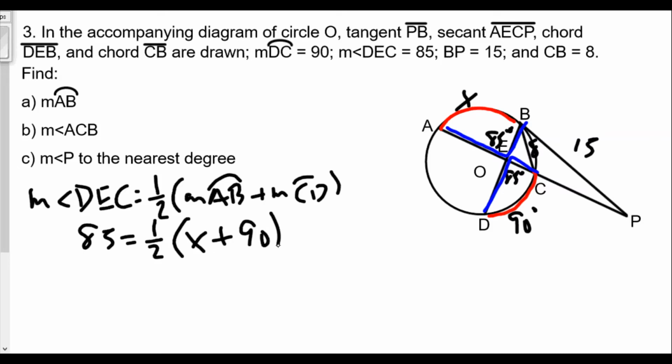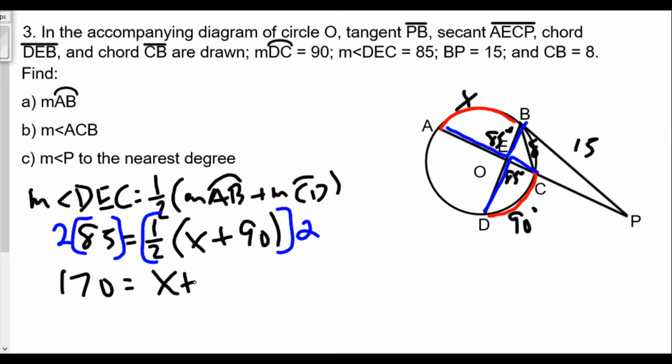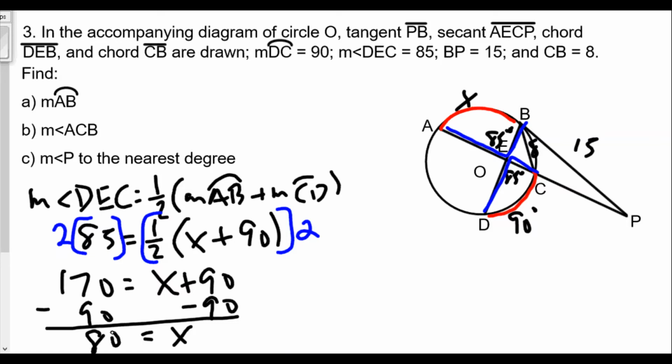We solve by multiplying both sides by 2 to get rid of the 1/2, and we get 170 is equal to X plus 90. Subtracting 90 on both sides, we get X, or the measure of arc AB, to be 80 degrees.